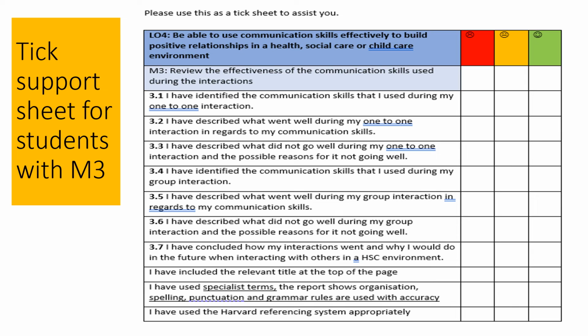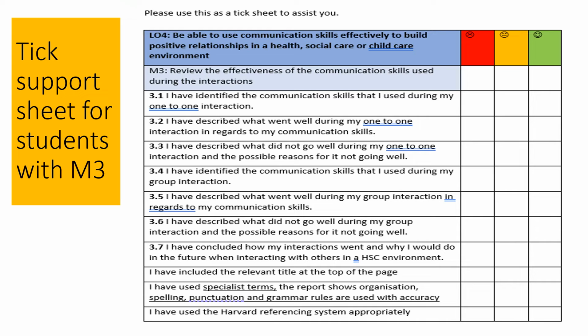I've also produced a tick support sheet for students with M3, and this can be used to RAG rate how well you have done, and also you can tick it off when you have completed it and you have reviewed all these aspects. So for 3.1, you could look at how well you've identified the communication skills that you've used, look at whether you've described what went well, what didn't go very well.